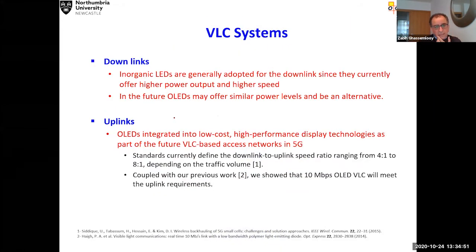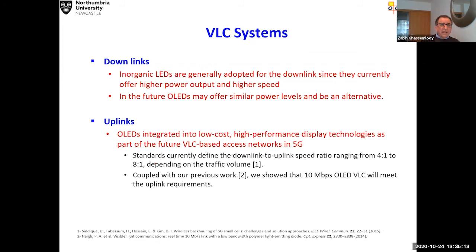So in terms of the VLC system, we have uplinks and of course downlink. Downlink is from my light sources coming down to my device, and I can use both of them, organic, inorganic, or organic. And I can also use the same thing for uplink. I can use visible band, or I can use infrared band.